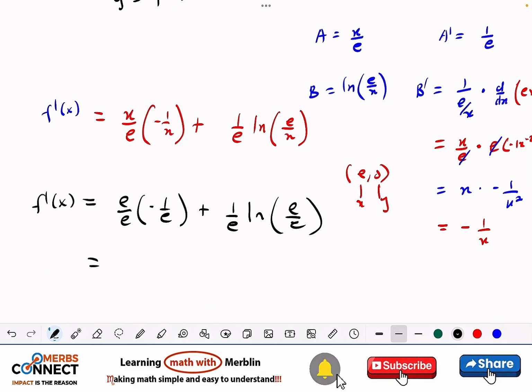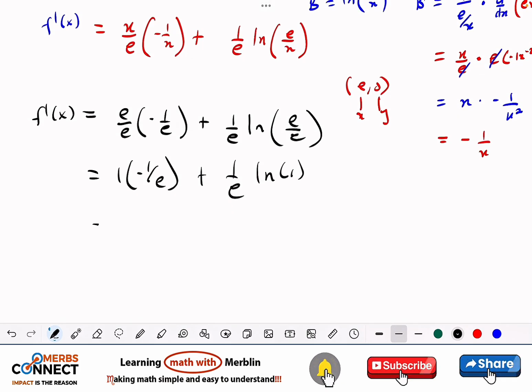So this is going to give us 1 times minus 1 over e plus 1 over e times ln of 1, which is 0. So we have minus 1 divided by e plus 1 over e times 0, and this is going to give us minus 1 over e.